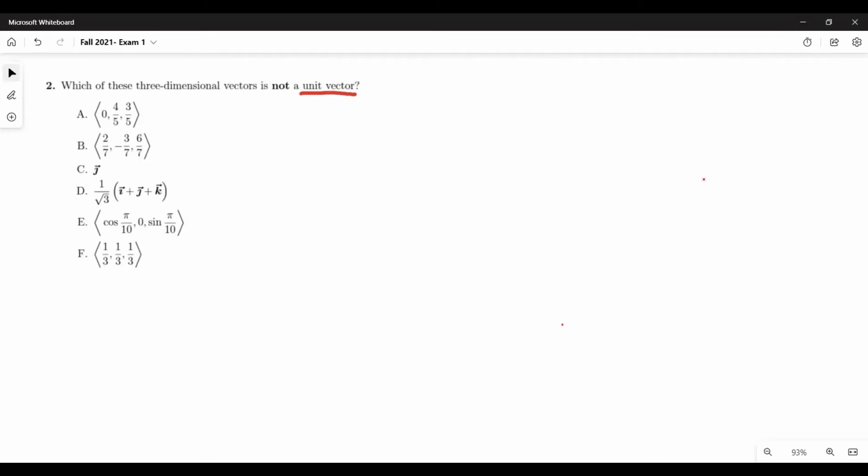So this question asks which of these three-dimensional vectors is not a unit vector. So let's go over the definition of a unit vector. The definition of a unit vector is any vector with a magnitude of 1. So in order to check, you square the values in each of the i, j, k components and then take the square root of the sum.